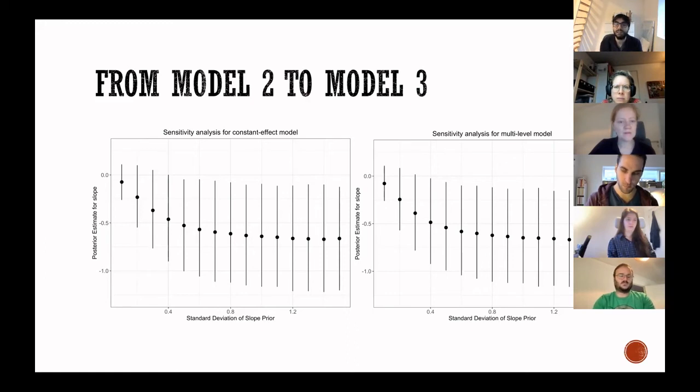But again, it's nothing really to write home about. If you look at the 0.4 on the x-axis, you can see that a standard deviation of 0.4 in the multi-level model is already minus 0.5, while in the model without the random effects it is slightly higher, right? So we gain a bit more confidence in the hyperarticulation effect.